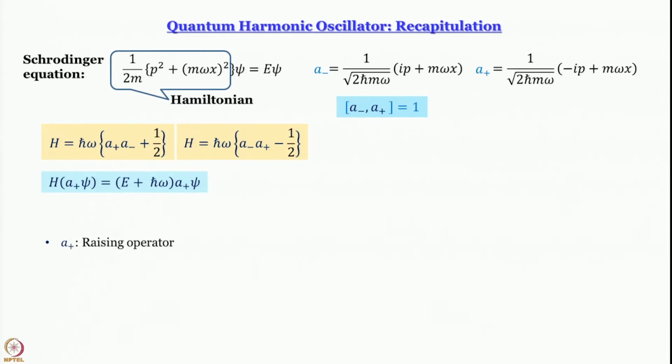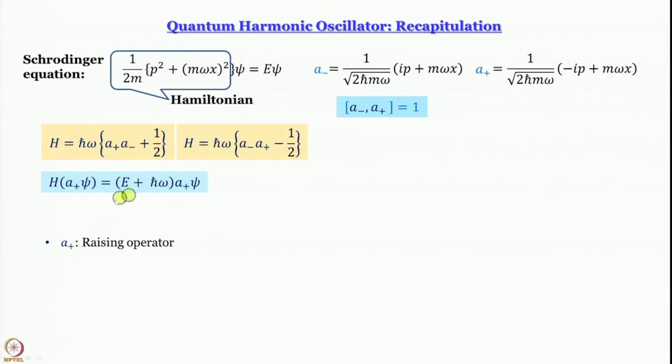So, what we have done is we have learned that these are called ladder operators for a reason. If A plus operates on psi, for example, it produces a new wave function which is an eigenfunction of the same Hamiltonian operator, with the interesting phenomenon that the eigenvalue of energy is more than the eigenvalue of the original wave function psi by h cross omega, which is 1 quantum of vibrational energy.